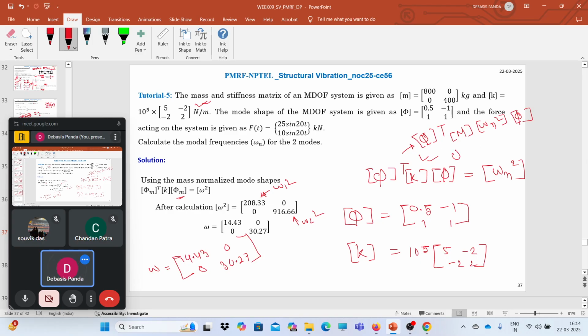Now phi transpose m phi omega n square. Now phi transpose m phi is the identity matrix, so we are left with omega n square. In this way, we can calculate the modal frequencies corresponding to those mode shapes. Clear?